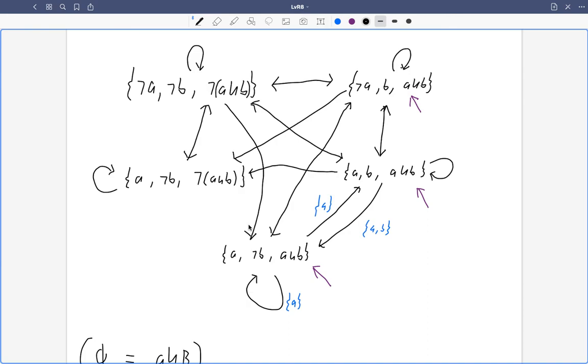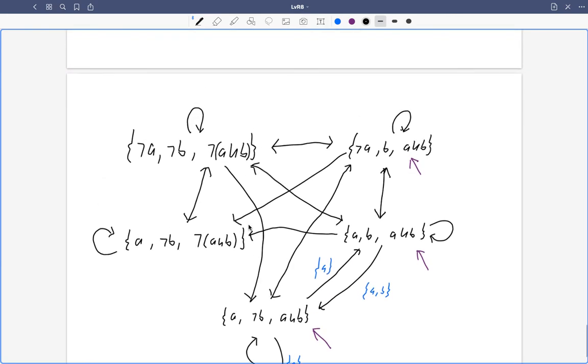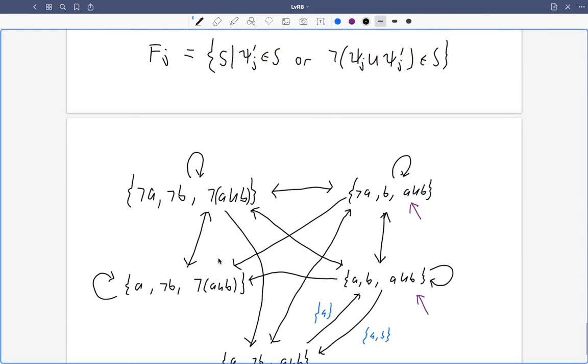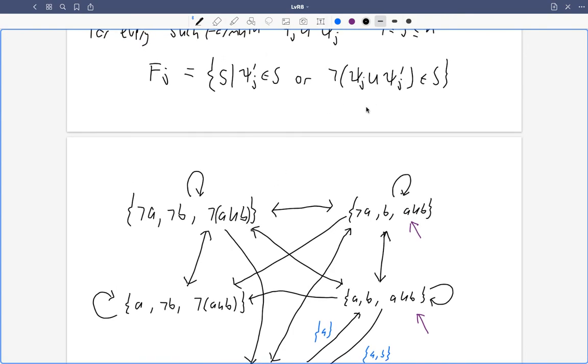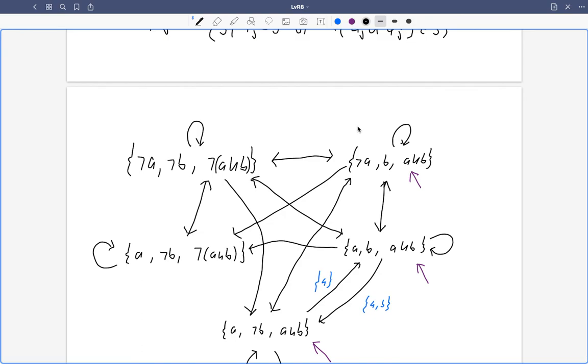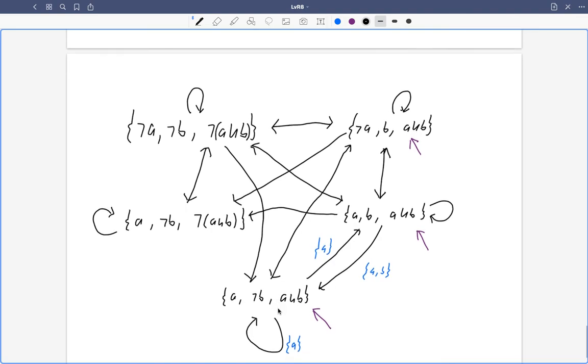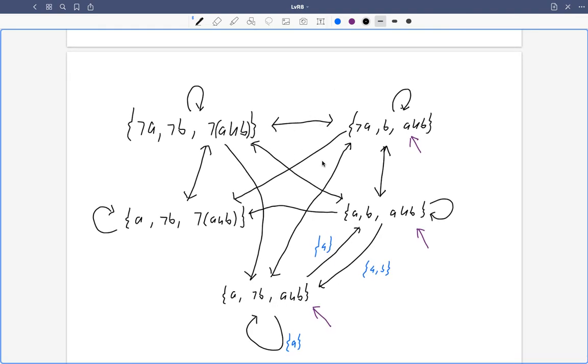The final states are the ones that contain the negation of that until, so not A until B, so it's this one and this one, or those that contain the second formula in the until, the target formula, so that contain B. So these ones contain the negation of the until, and these two contain B. This one contains neither. So we have one set of accepting states, and it contains 4 states.